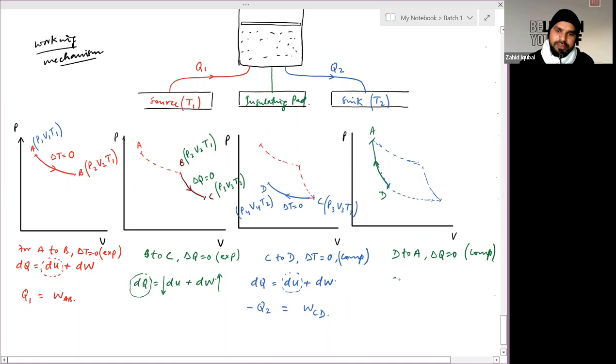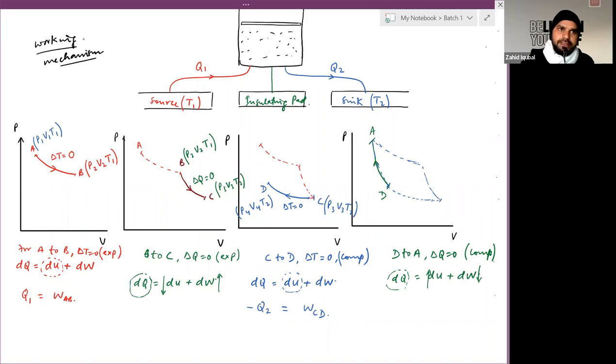According to the first law, dq equals du plus dw. Since dq is 0, work done will decrease and internal energy will increase to acquire the initial temperature or initial state, that is from D to A. So these are the different processes taken in this whole working of a heat engine.